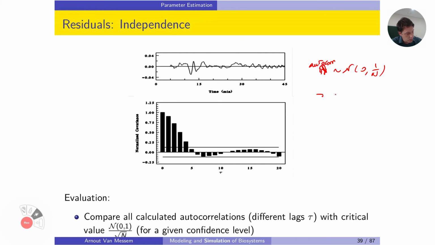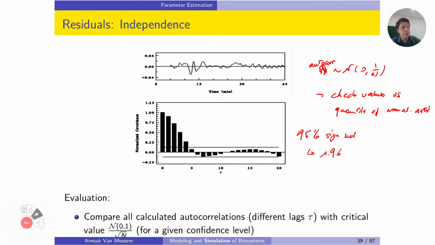So we check the values versus the quantile of the normal distribution. If we want a 95% significance level, or confidence level, you look at the quantile, which you know is 1.96, and then you multiply with sigma.